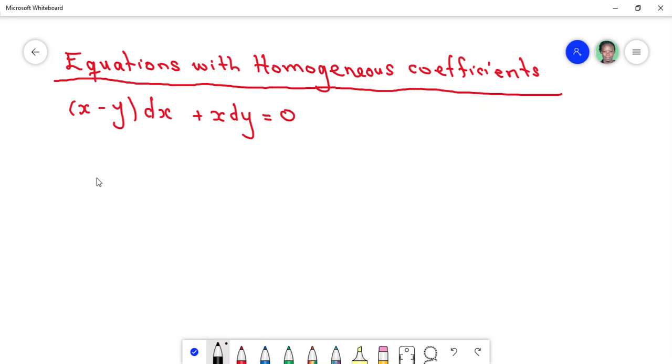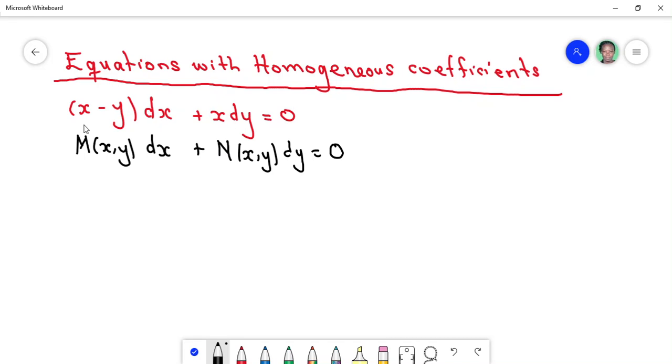You realize that this differential equation is of the form M of x, y dx plus N of x, y dy equal to 0. So this is the differential form we are looking at.